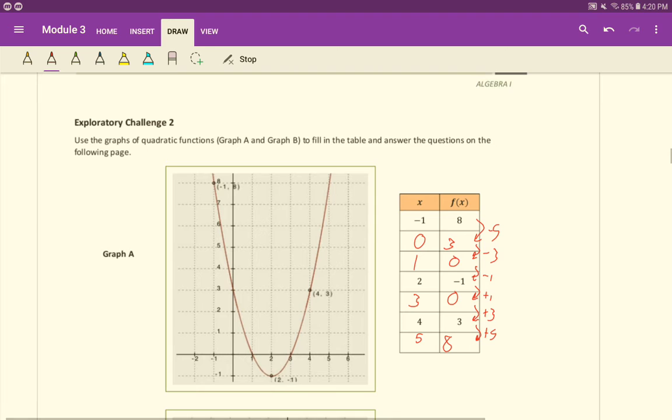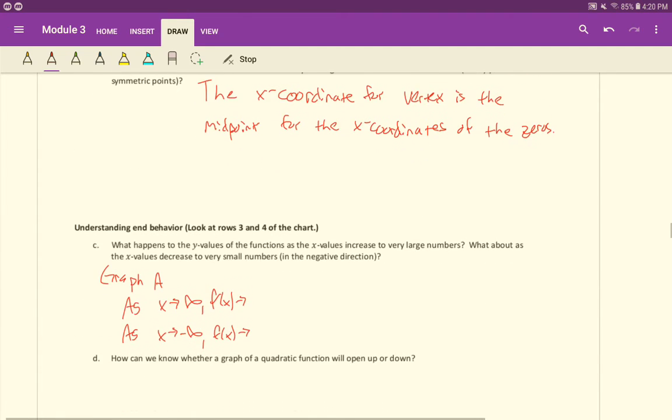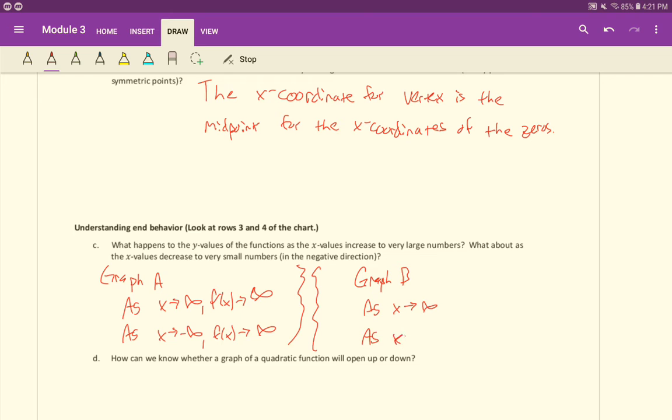Likewise, what happens as we go really far to the left? They're going to go up and up and up as well. So both go to positive infinity. Okay, whereas for graph B, same situation, as x goes really far to the right, or as x goes really far to the left, positive infinity, negative infinity, respectively there.